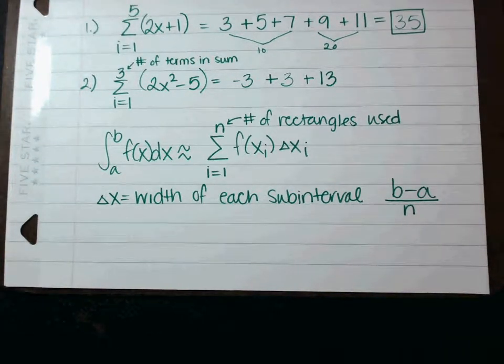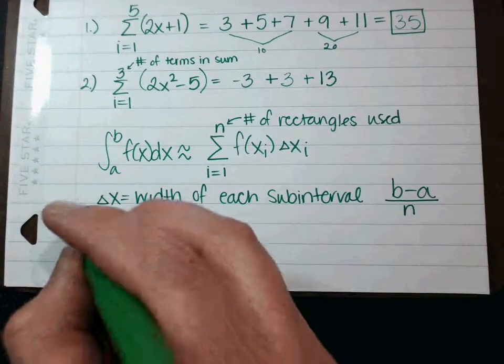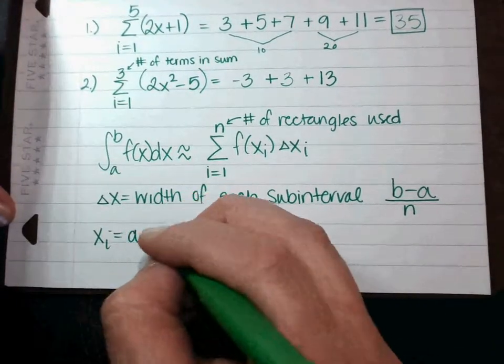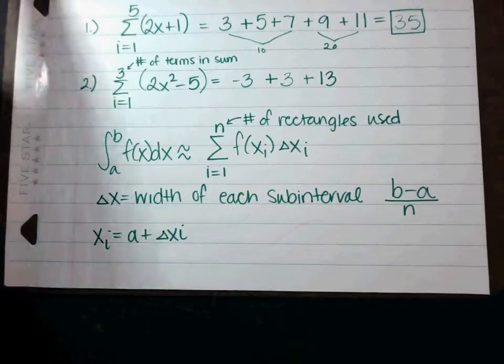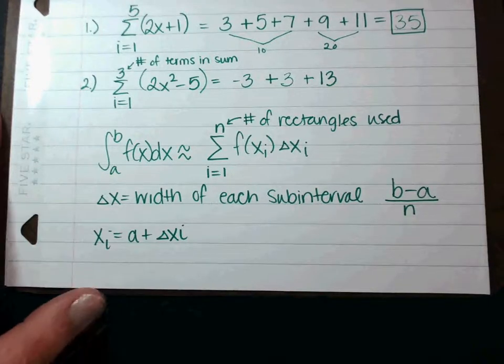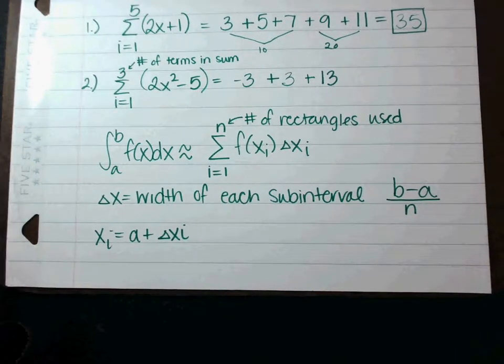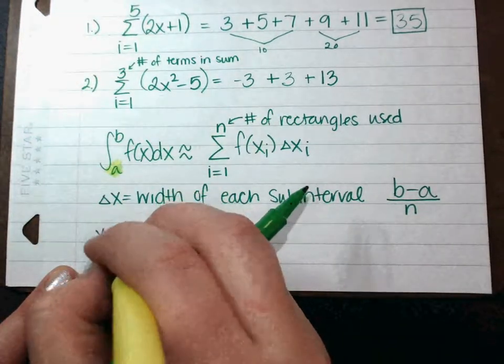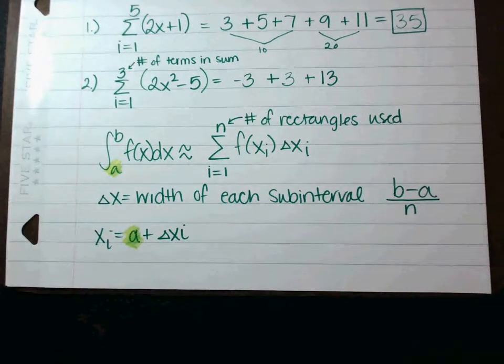And then x sub i is a plus delta x i. Now, a is where you're starting the integral. Do you see that you have your a here and your a here? Those are the same a. So a is where you're starting shading for the area.